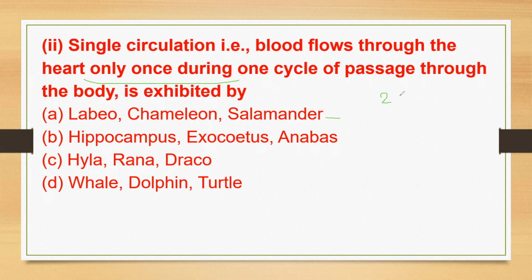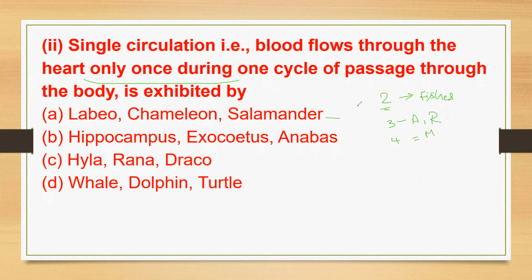So which category of animal classes has the two-chambered heart? You know that fishes all have the two-chambered heart. Amphibians and reptiles have the three-chambered heart, and mammals have the four-chambered heart, isn't it?